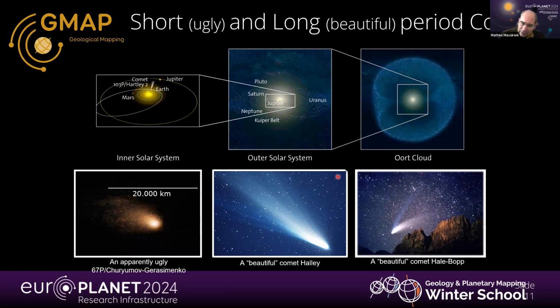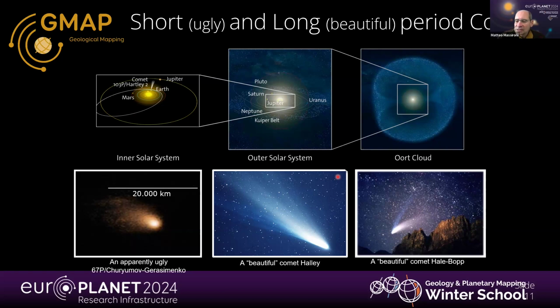The most beautiful comets, however, have, I would say, a longer period of perihelion passages, so they are much more beautiful because they are not covered yet by inert material, and they come from the Kuiper belt, or they come from the Oort cloud.